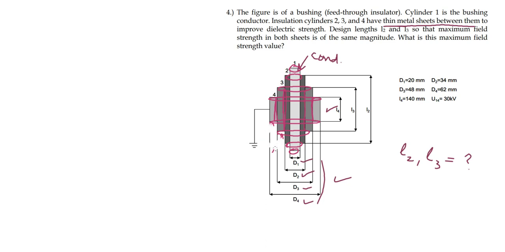Now we know that the electric field distribution in a concentric cylindrical assembly is like this. We have zero electric field inside the conductor, then we have maximum electric field at the surface of the conductor, then it decreases in inverse relation to the radial distance as we go outward from the surface of the conductor.